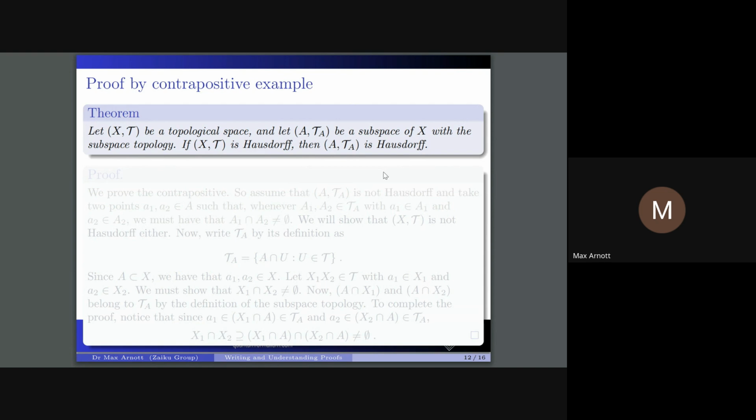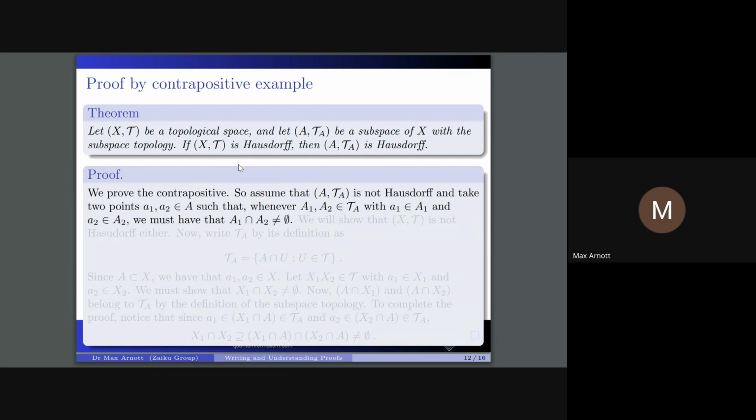So to prove this by contrapositive, we're going to show that if (A, T_A) is non-Hausdorff, then (X, T) is non-Hausdorff as well. So assume that (A, T_A) is non-Hausdorff. Well, what does that mean? By definition, it means that we can find two points which cannot be separated by a pair of open sets.